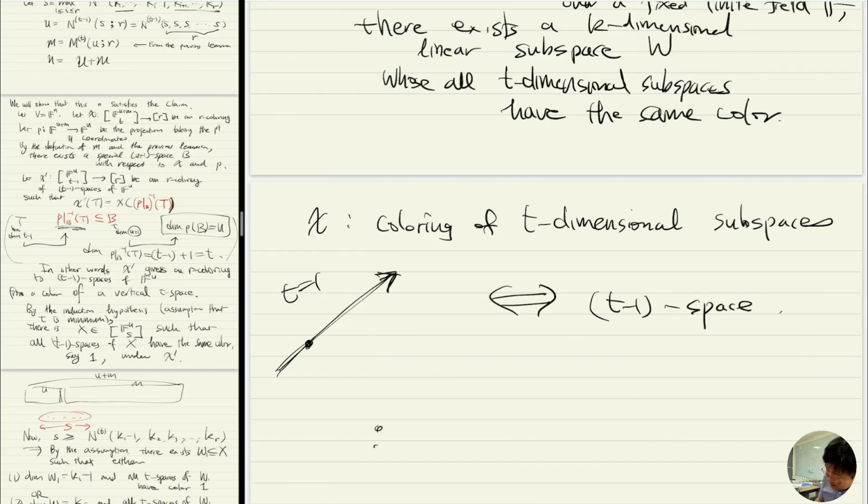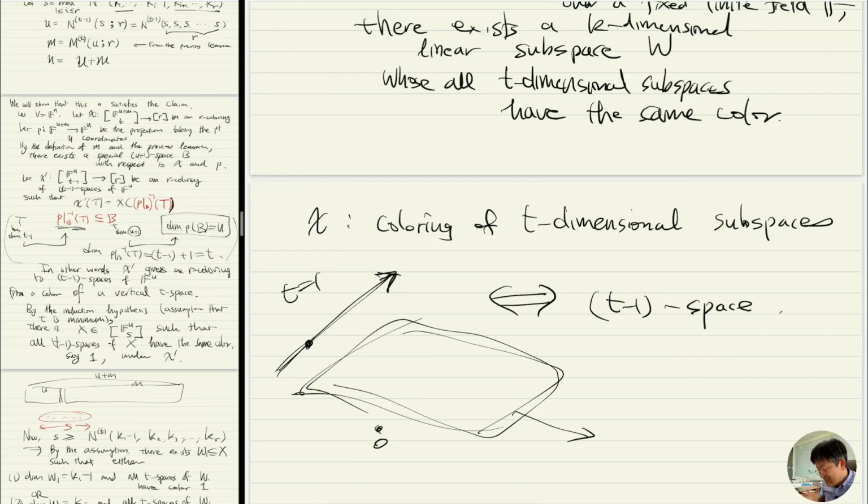Okay, so here's the origin 0. Take some hyperplane not going through 0, and then take the intersection with this hyperplane. But when you choose this hyperplane, I want to choose it so that it's not degenerate with respect to the others, I mean, it's not parallel to any of the existing ones.